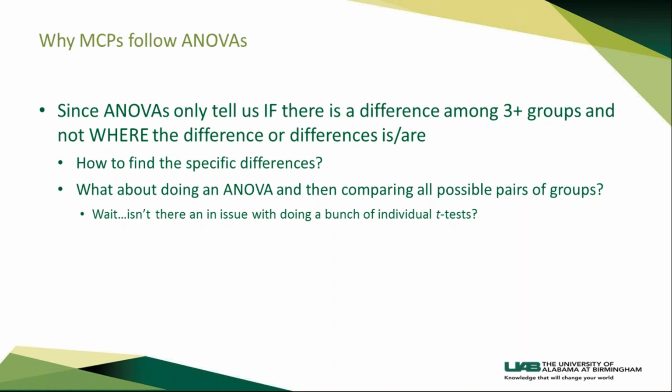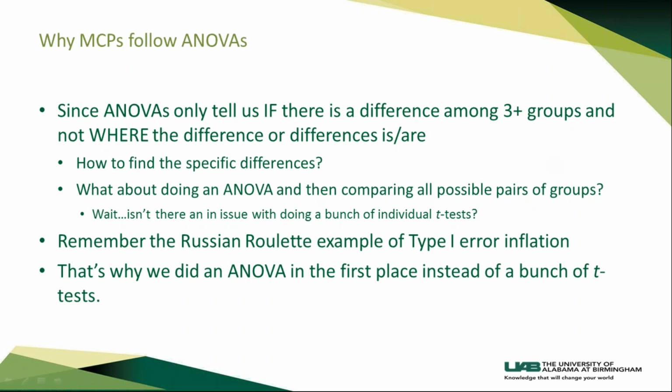It might be tempting to think, well, what if we do an ANOVA, then we just compare those individual groups, almost like doing t-tests between these individual groups. Well, there would be an issue with that because that is the same problem we started with. We can't just do a bunch of little individual t-tests without worrying about that type 1 error inflation.